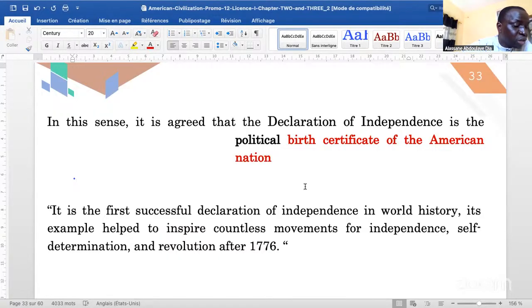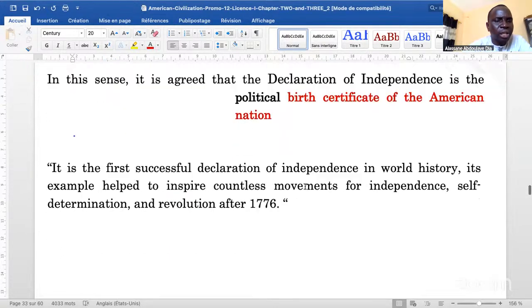Now it has given to the new nation a name. So it's just like you, when you are born as a baby, people give you a name in your birth certificate, leur extrait de naissance. So the Declaration of Independence could be defined as a political birth certificate of the American nation.